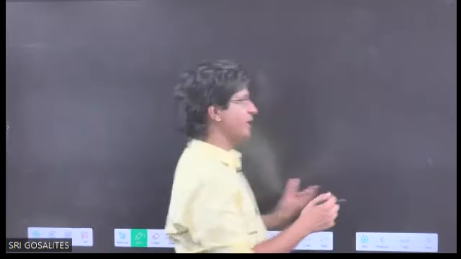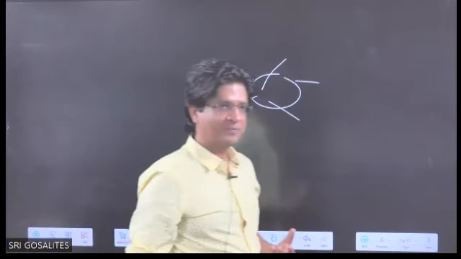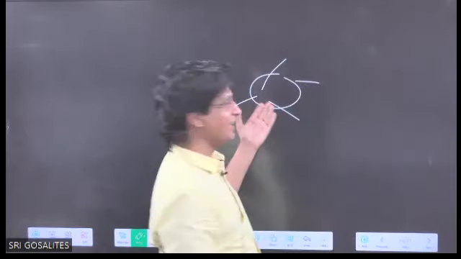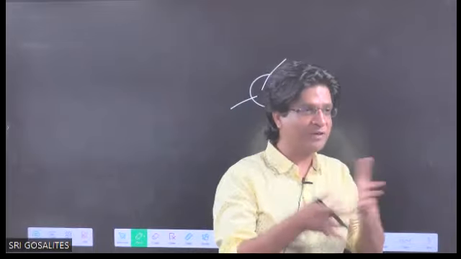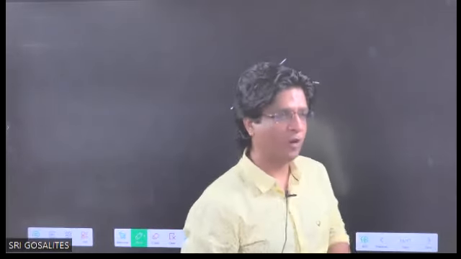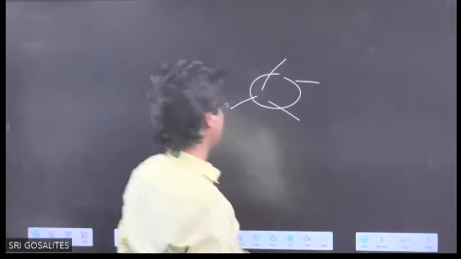What happens in a nuclear reaction? The entire nucleus goes for a blast. Nuclear reaction is the breaking of the nucleus as such. The nucleus is involved. In a chemical reaction, bond formation happens. Very good.